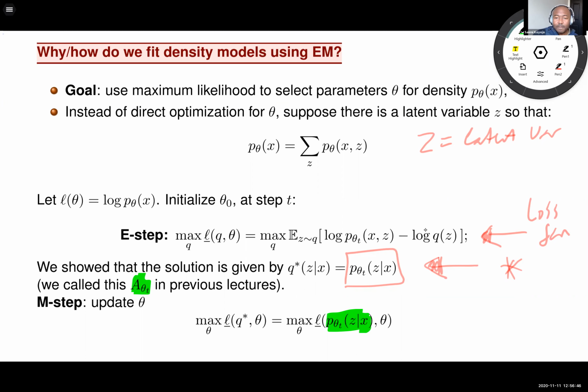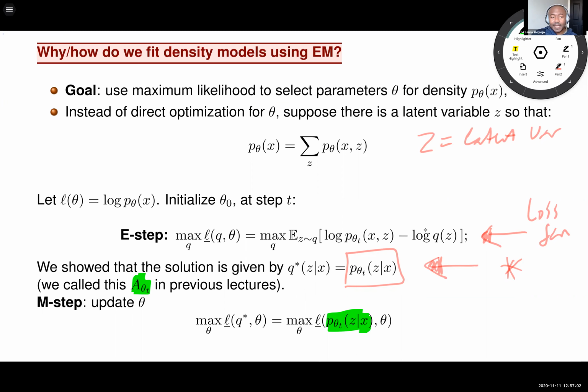Finding the best A meant finding the best cluster assignment probabilities. It's the same thing beyond the discrete setting. If I'm no longer looking at discrete problems, then my probabilities are no longer vectors. They're now functions.